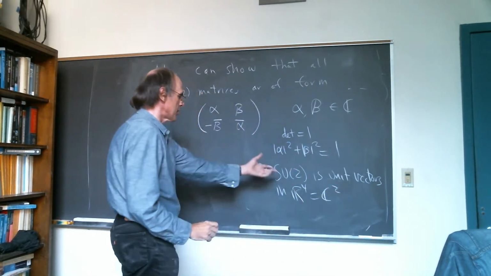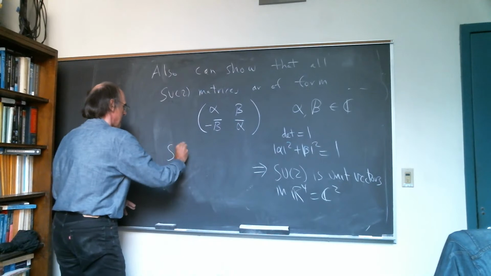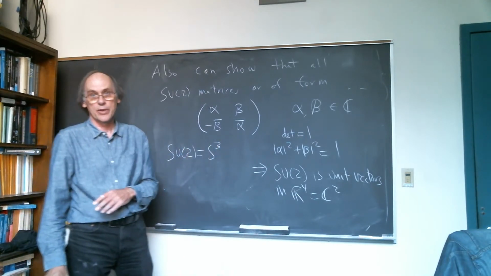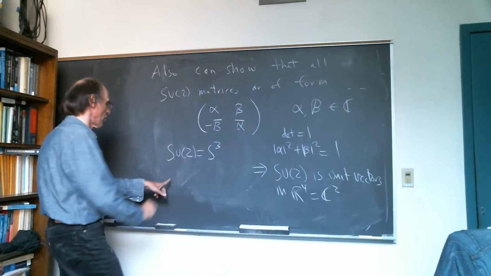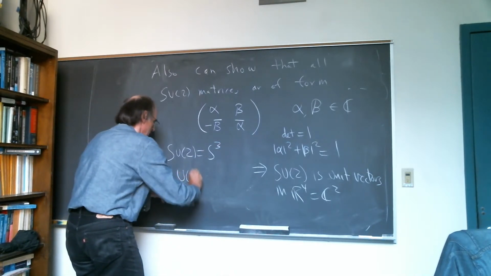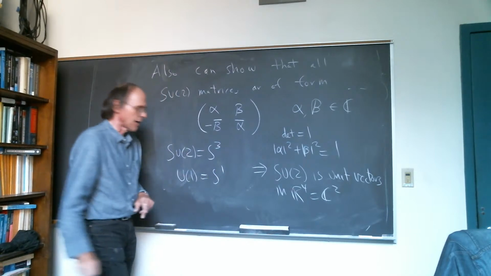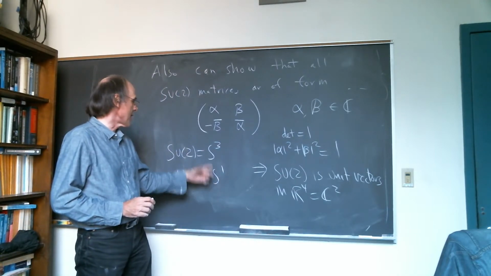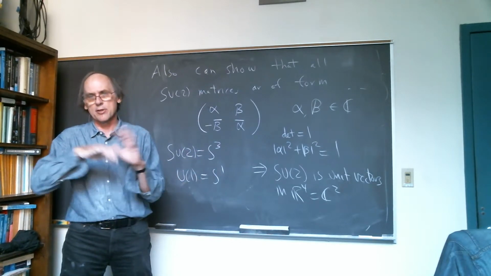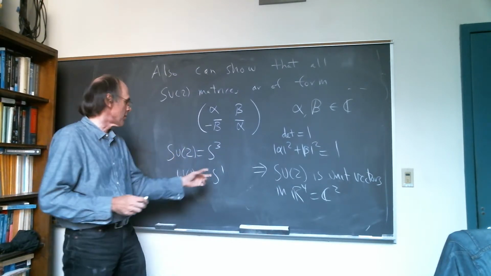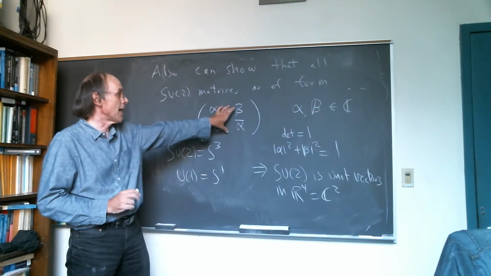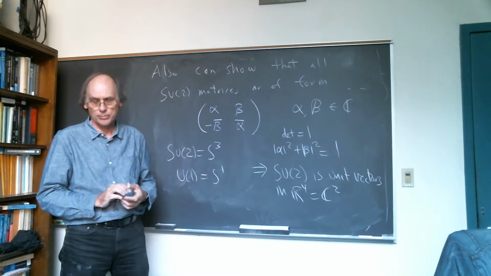So I'm going to continually say that SU2 is a three-dimensional sphere. What we saw before is that U1 was a one-dimensional sphere, a circle. Well, what's the next interesting group? It turns out the two-dimensional sphere is not a group, but the three-dimensional sphere is a group, and it's exactly this group.